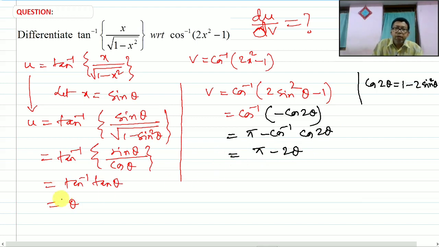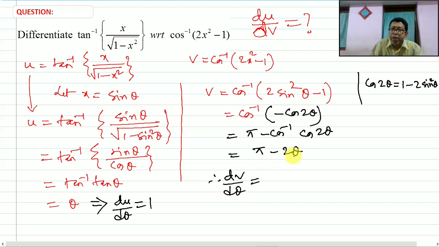Now since u is equal to theta, du/d theta is equal to 1, and v is equal to pi minus 2 theta, so dv/d theta is the derivative of pi minus 2 theta. Derivative of pi is 0, pi is a constant, minus 2 times the derivative of theta, which is 1, so it is only minus 2.